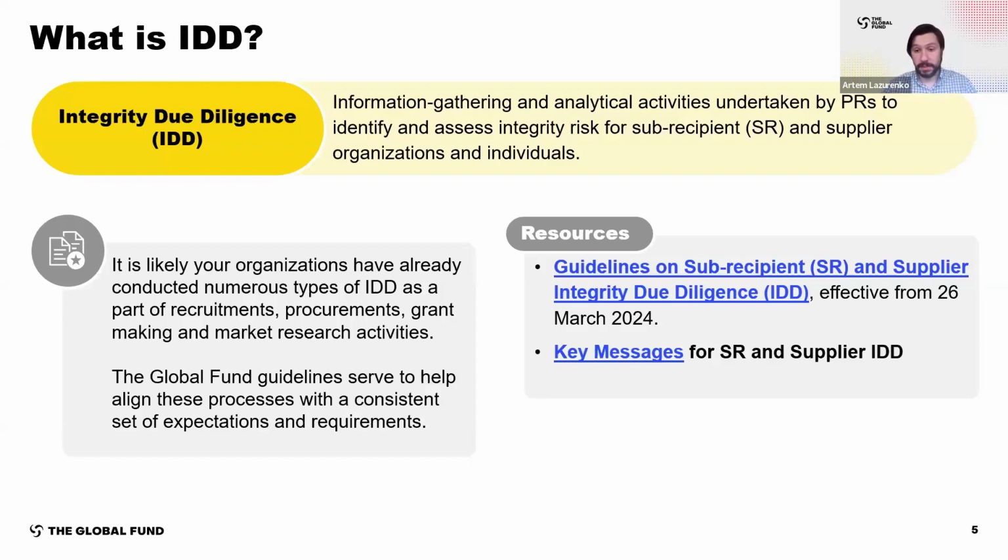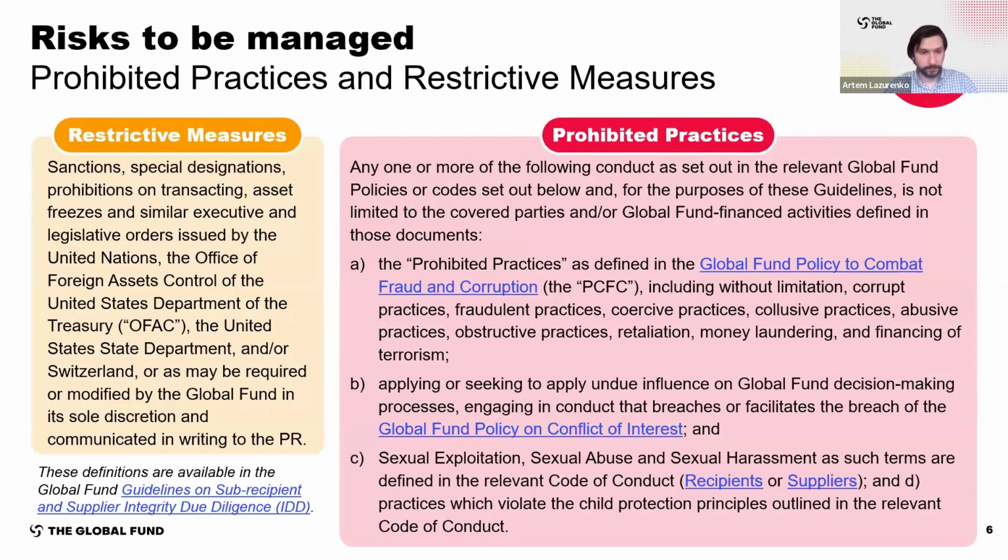We also have some key messages for SR and supplier IDD, which really summarize the content of this presentation. And I will be going on in more detail about some of the points of these key messages as well as the guidelines. Could we go to the next slide, please?